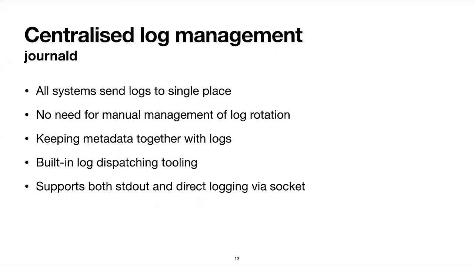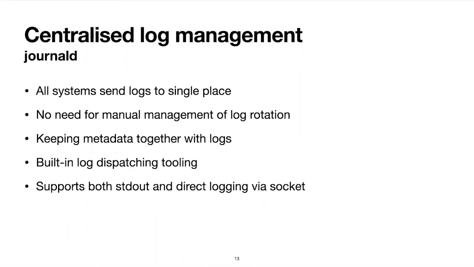Journald provides two ways of sending logs to it. One is via standard output or standard error, and it also provides an additional way to send messages via direct logging through a socket that is provided for us.